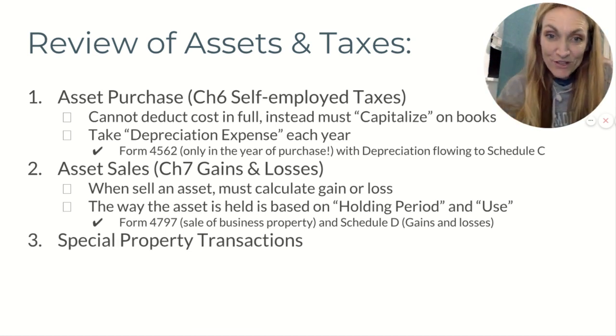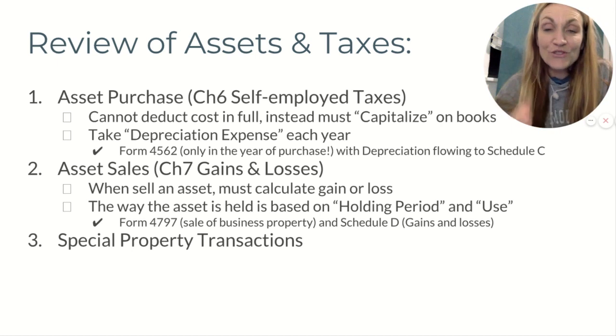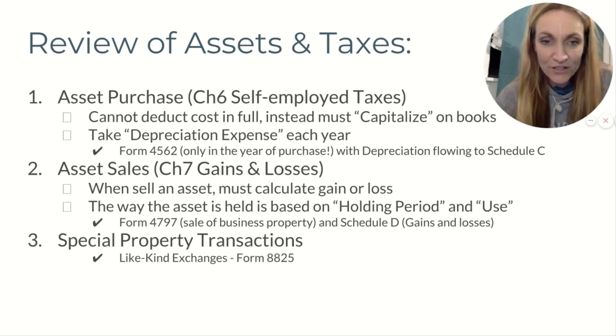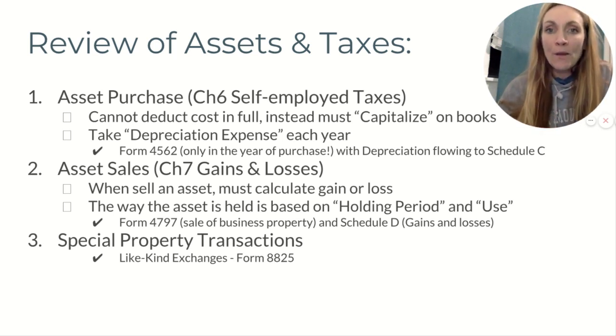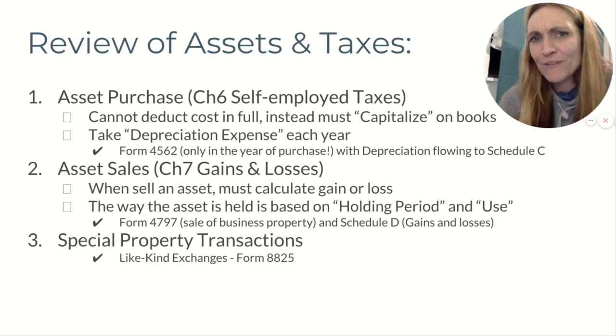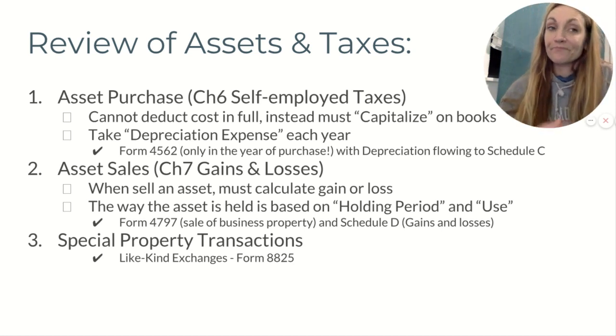Now, in this chapter, it made sense to do this chapter next because it's also about assets in its special situations. So like-kind exchanges is a common special transaction for taxes that's used for businesses and especially real estate investment.